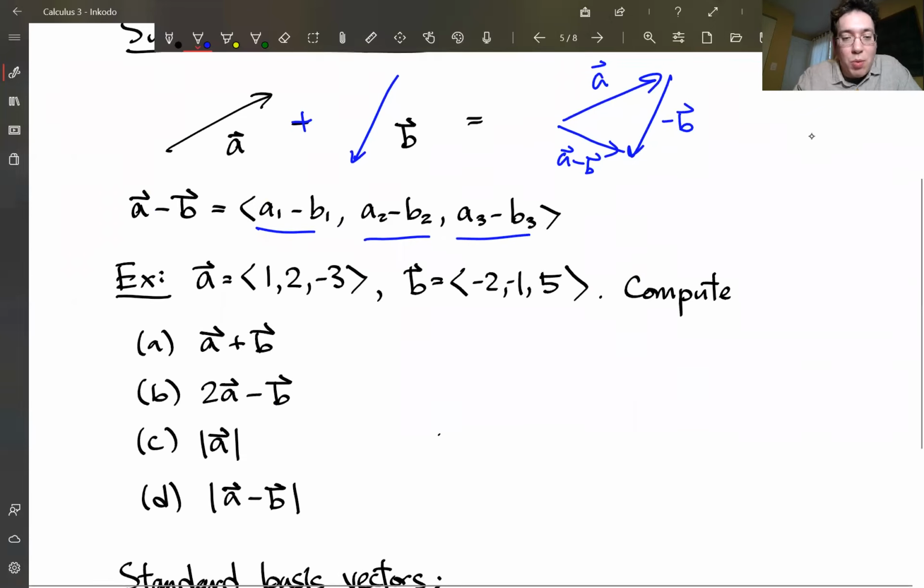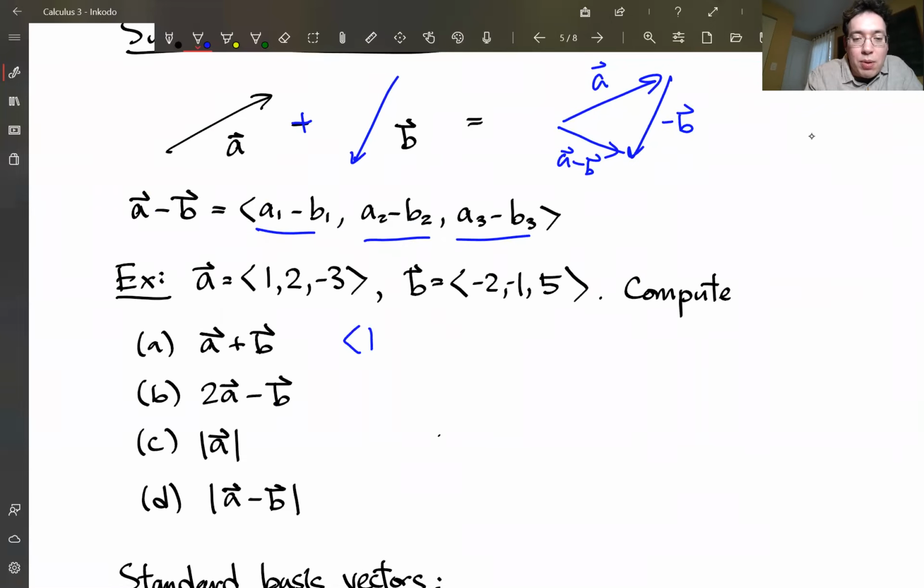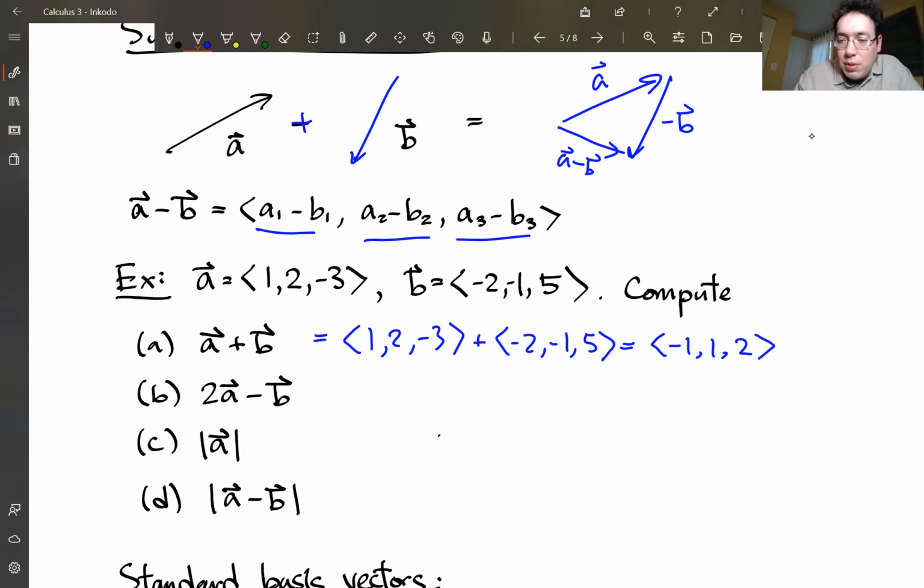Well, let's work out the solutions. So 1, 2, -3 plus -2, -1, 5. If we add component-wise, 1 minus 2 is -1, 2 minus 1 is 1, and -3 plus 5 is 2. So that would be the sum of those 2 vectors.